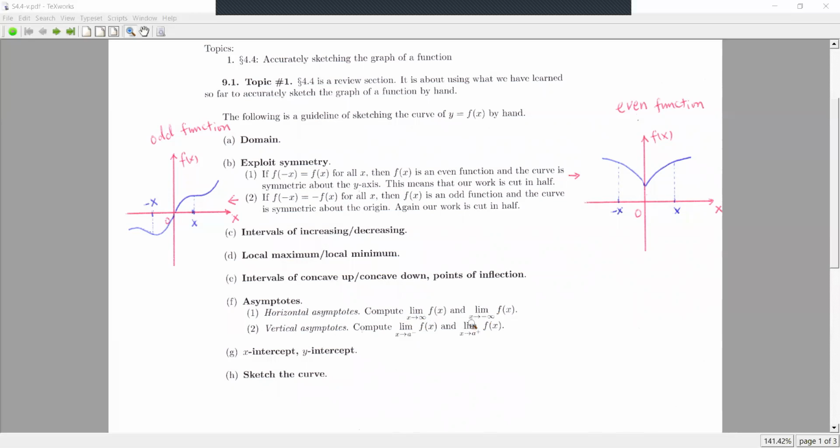Similarly, if x approaches negative infinity, the function approaches a finite number, then the finite number also is a horizontal asymptote. So horizontal asymptotes are about the end behaviors of the graph of the function.